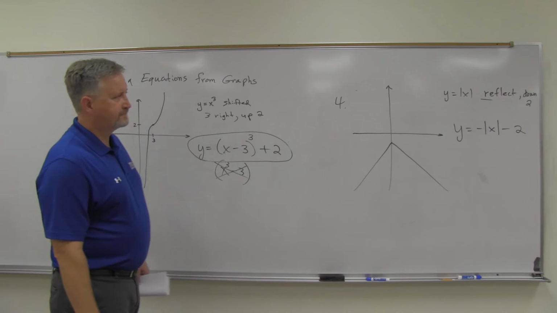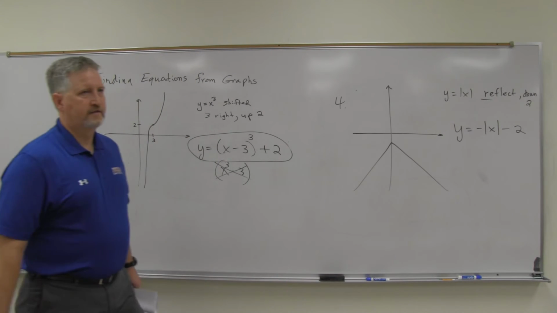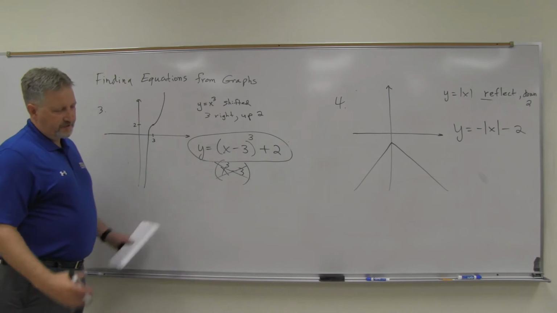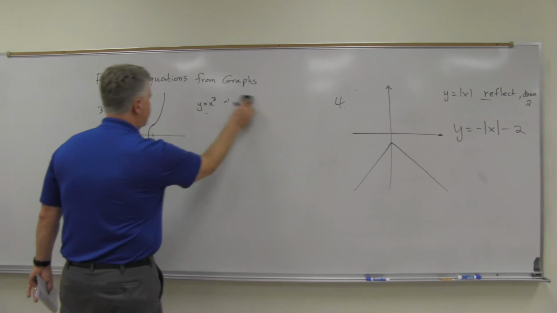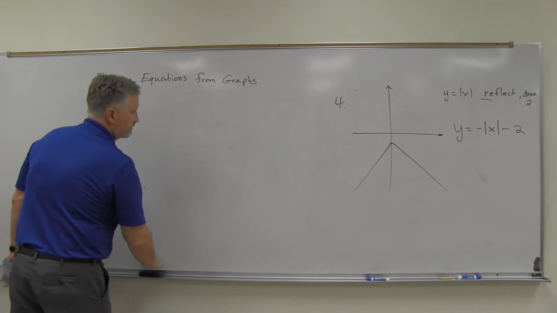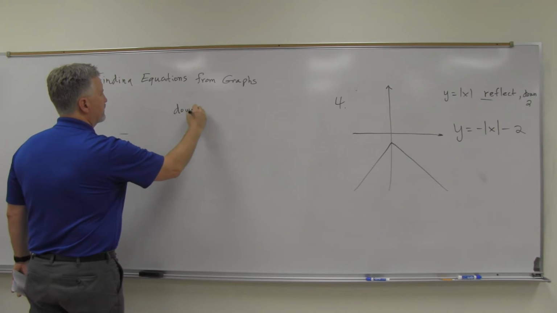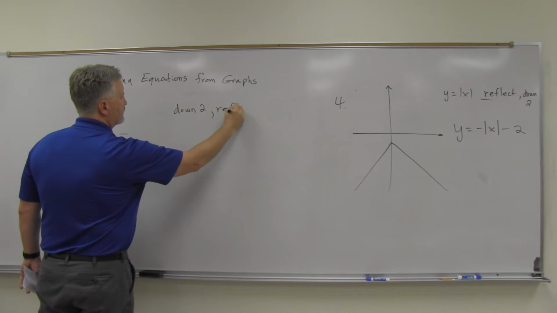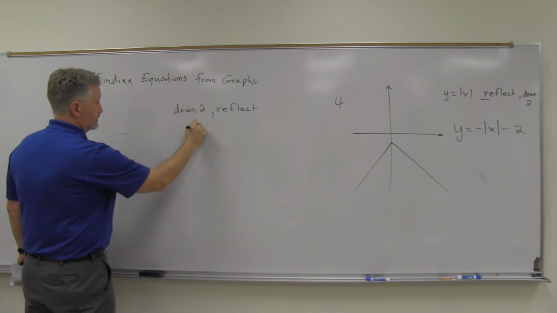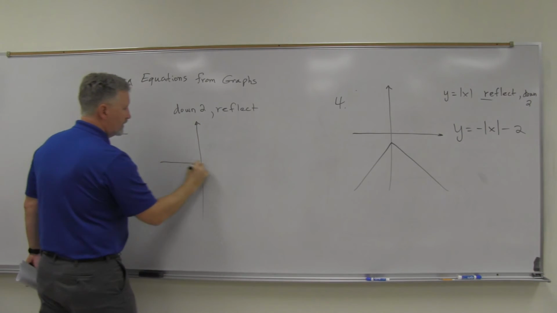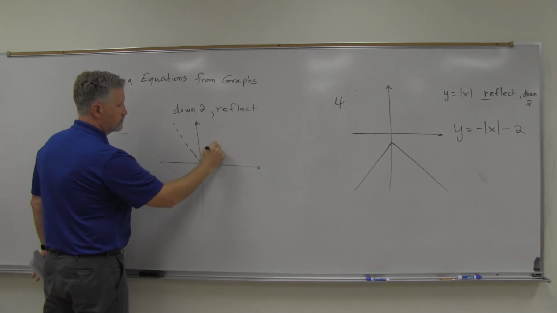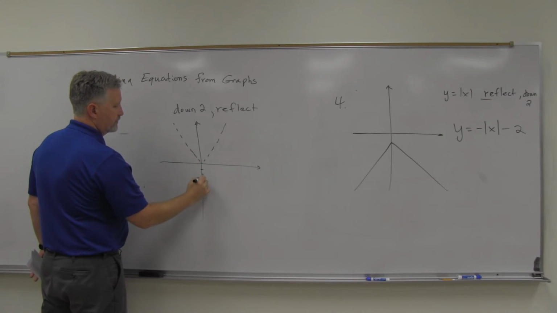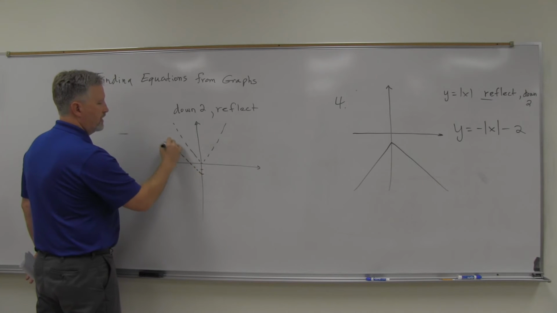All right. And how did you know to do the reflection before you went down 2? Okay, let's think about that. What if I did the down 2 and then reflect? There'd be a space in between, it wouldn't mirror each other. So if I go down 2 with the absolute value, it puts it here, right?